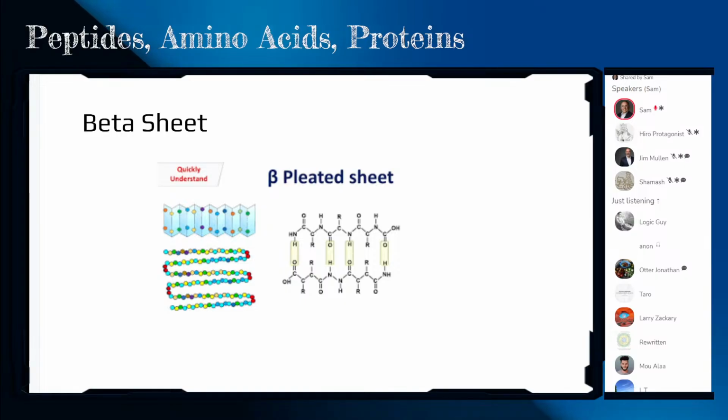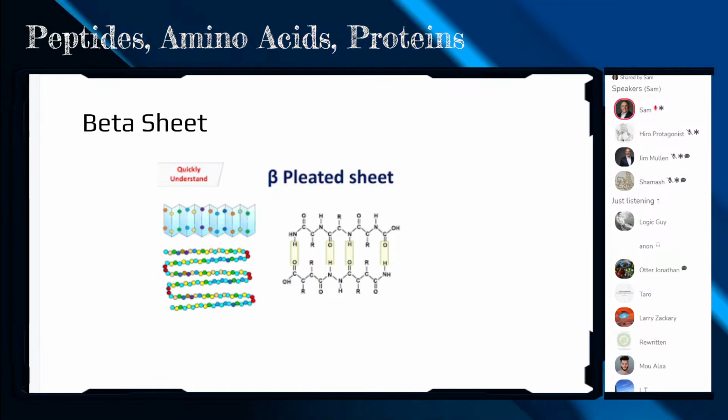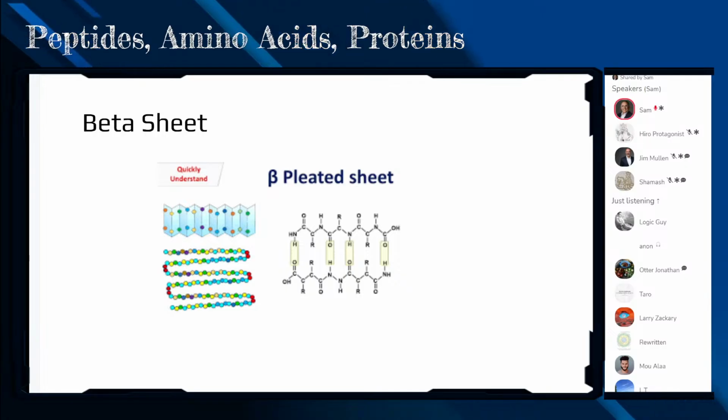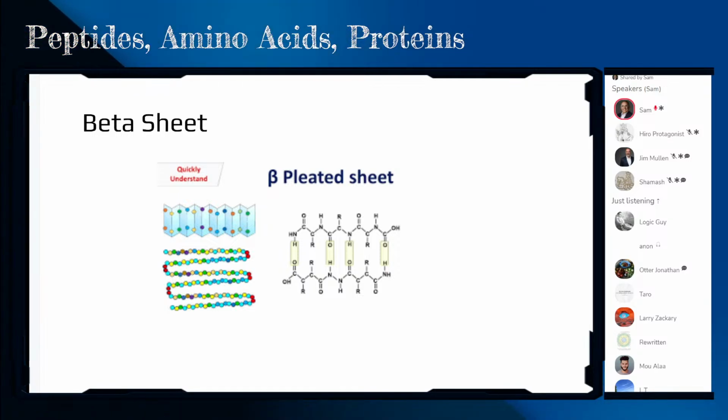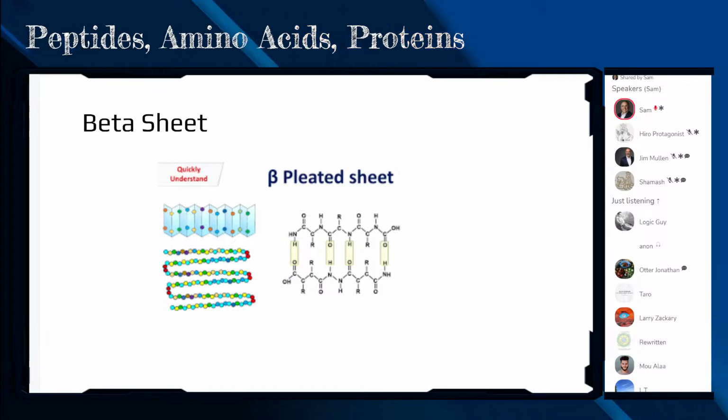Both terminologies are used. They're the same. This is when there's hydrogen bonding not with the amino acids in the same section of the chain, but you're forming hydrogen bonds with amino acids in a different part of the chain.